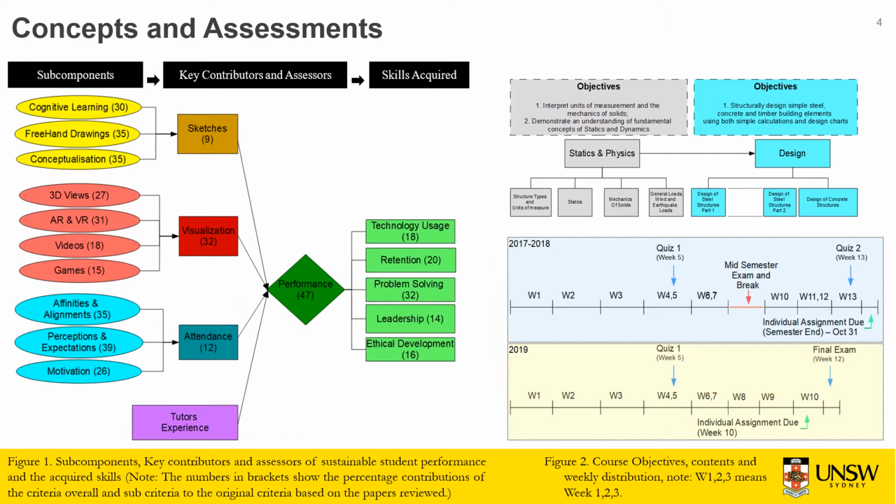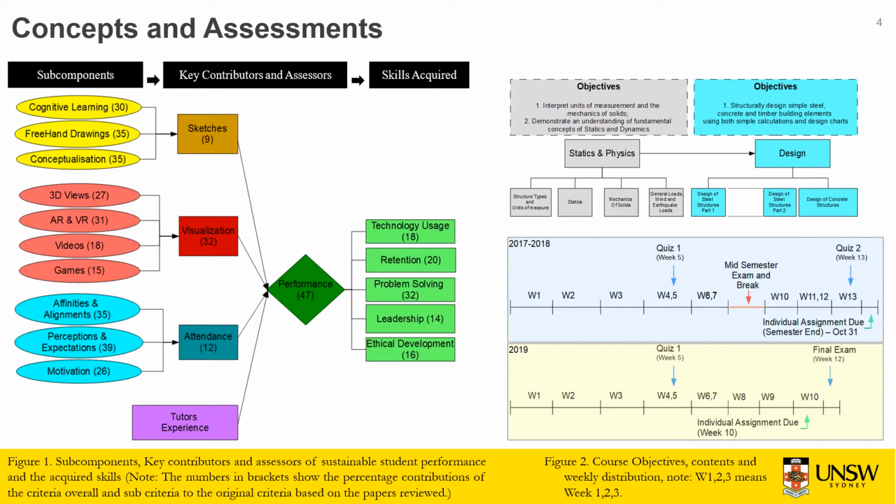As far as the composition of the course is concerned, we had 3 objectives for this course. That is to interpret the units of measurement and mechanics of solids, to demonstrate an understanding of fundamental concepts of statics and dynamics, and to structurally design simple steel, concrete, and timber building elements using both simple calculations and design charts.